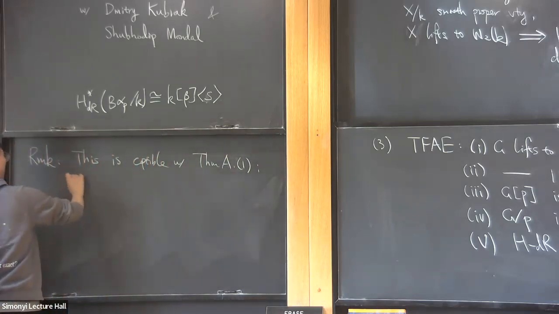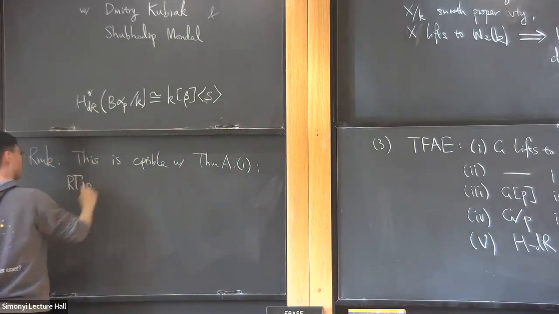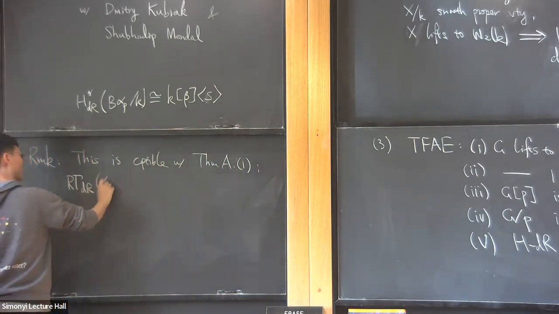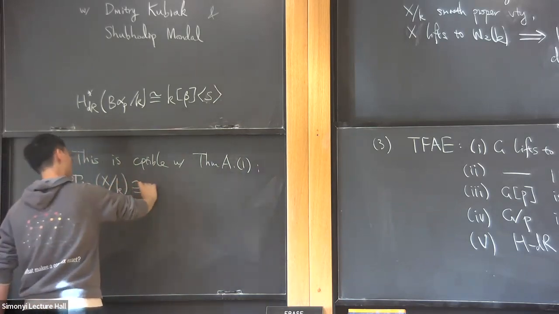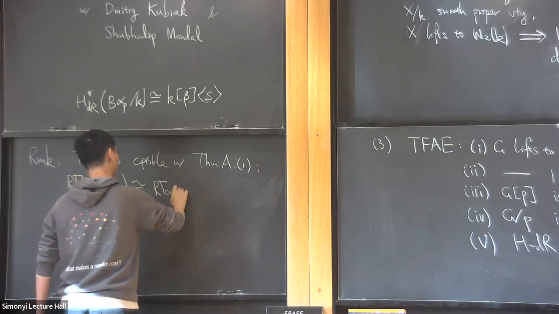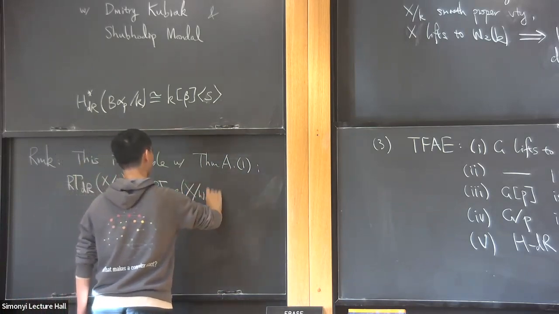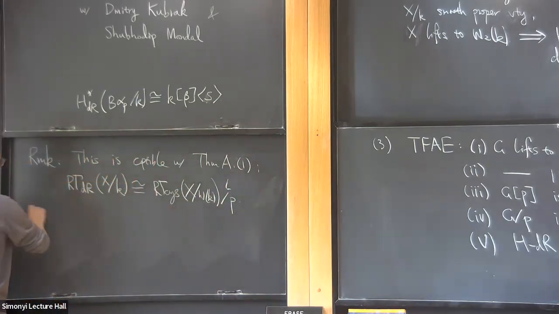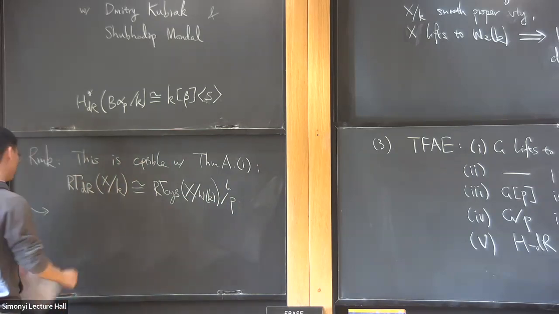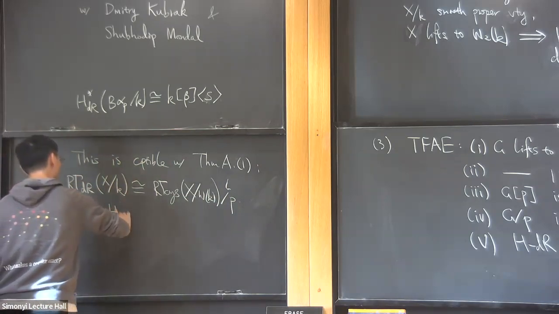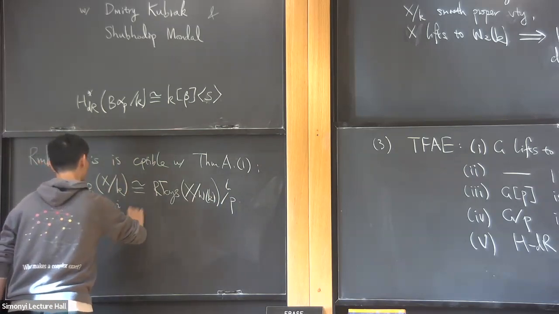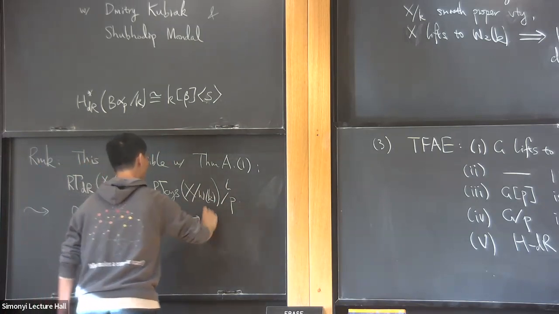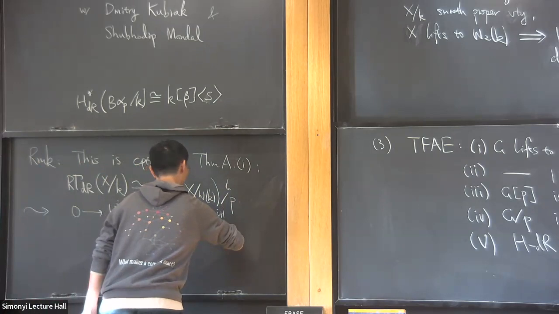The de Rham cohomology for any smooth stack X is canonically given by the crystalline cohomology of X relative to WK, derived mod p. In particular, you will be able to get the following short exact sequence: H^i crystalline mod p to H^i de Rham to the p-torsion of H^{i+1} crystalline.